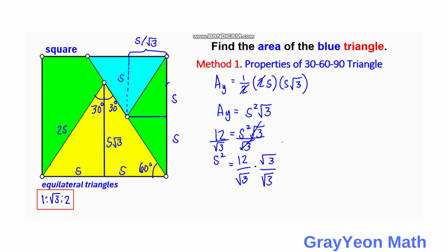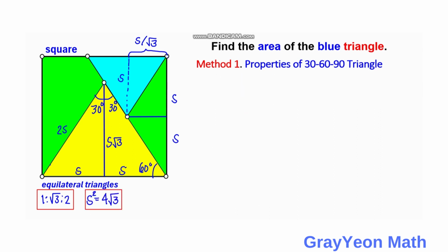So the denominator becomes 3, and 12 divided by 3 is 4. So s squared is equal to 4 square root of 3.